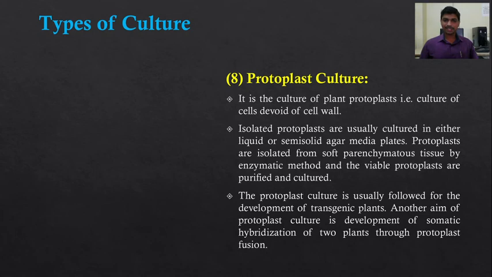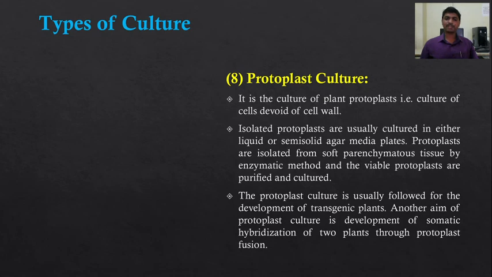So the protoplast culture is usually carried out for the development of transgenic plants, because in the production of transgenic plants, the gene is transferred into the cell, and that cell is grown in tissue culture for the regeneration of the transgenic plant.